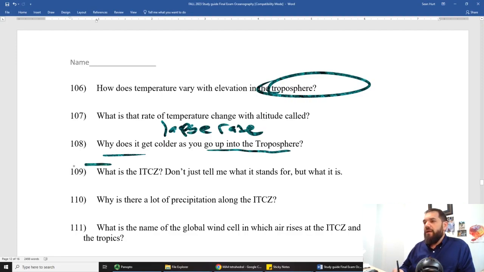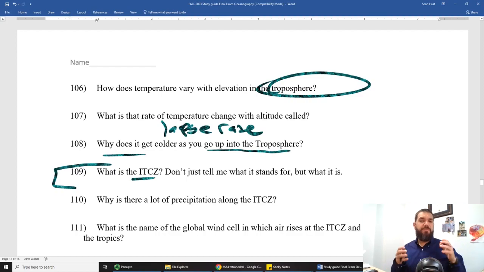Okay, moving along, what is the ITCZ? The Intertropical Convergence Zone, or ITCZ, is a belt of high humidity and high precipitation that occurs roughly around the equator, although it shifts seasonally. This is a place of very high heat, receives a lot of solar radiation.